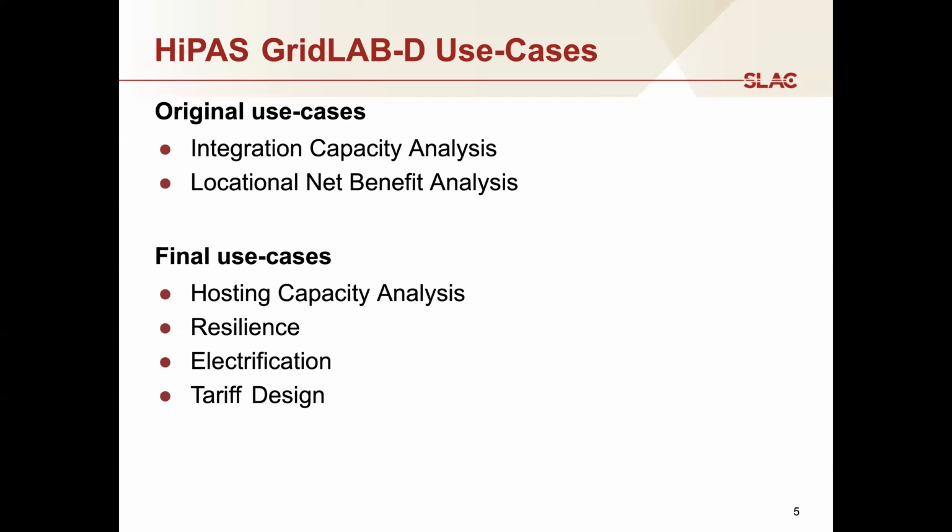With input from the Technical Advisory Committee, it was deemed that the locational net benefit analysis had largely been satisfactorily answered by the utilities already, and we didn't need to do further work in that area.